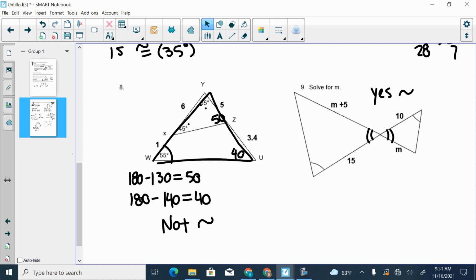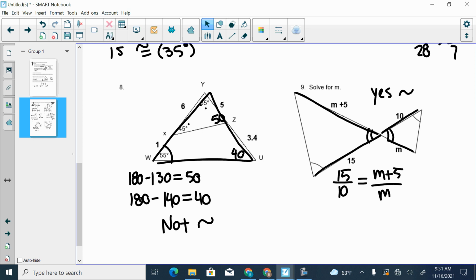So we could pick our corresponding sides that we know to be similar. So 15 would correspond with 10. So I could set up a ratio of 15 over 10 and set that equal to m plus 5 over m and cross multiply and solve.